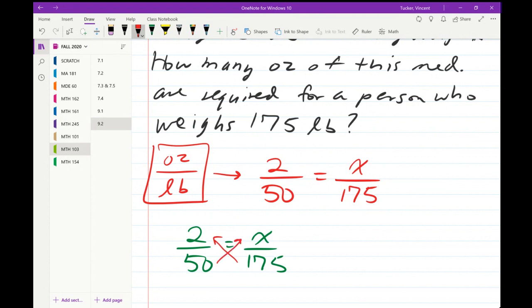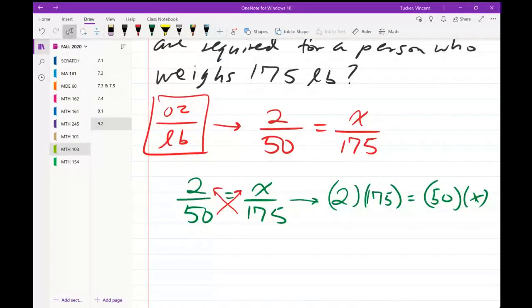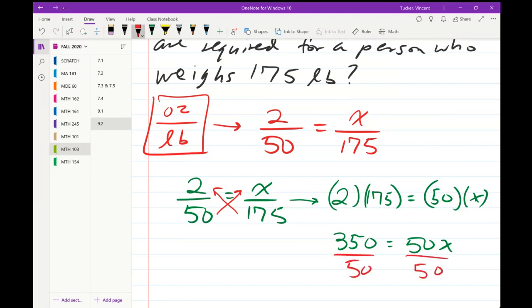So once you have your proportion set up, cross multiply. It will give us 2 times 175 on the left, 50 times x on the right. 350 equal to 50x. Divide by 50.